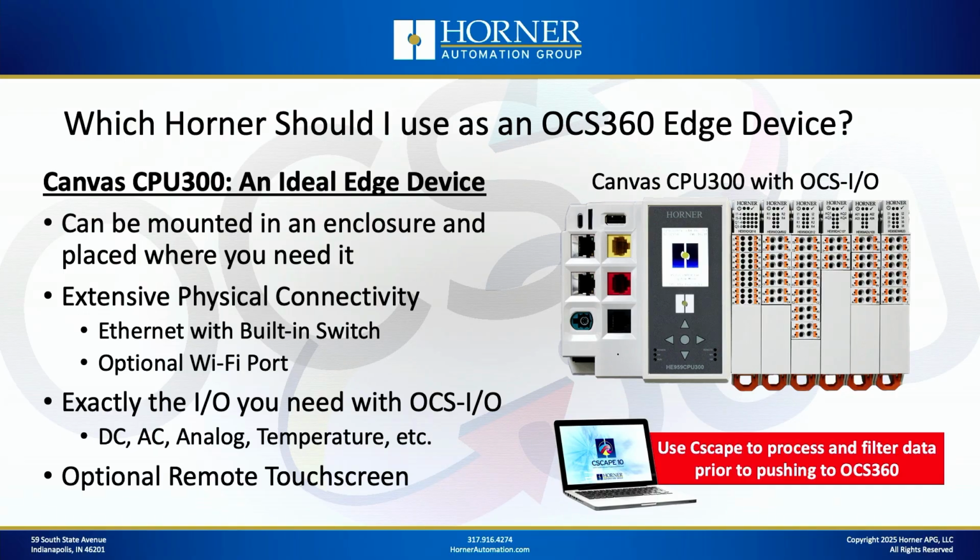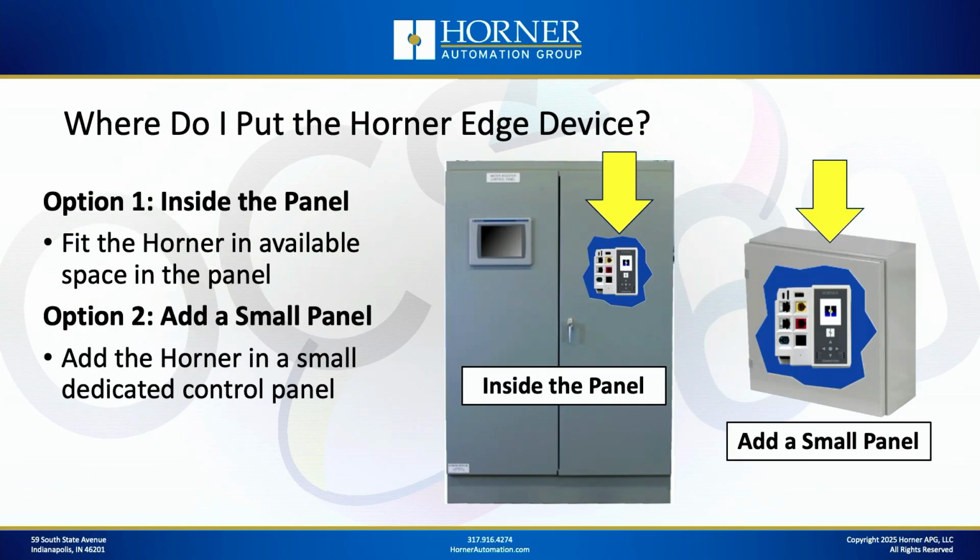Now let's talk about, once we've selected a Horner device, where are we going to actually put it? Well, we've got two options. If there's space, of course, we can put it inside an existing panel for the machine, okay? Both the options I talked about don't take up a ton of space. So if you've got some open real estate there, you can probably fit it right inside your existing panel.